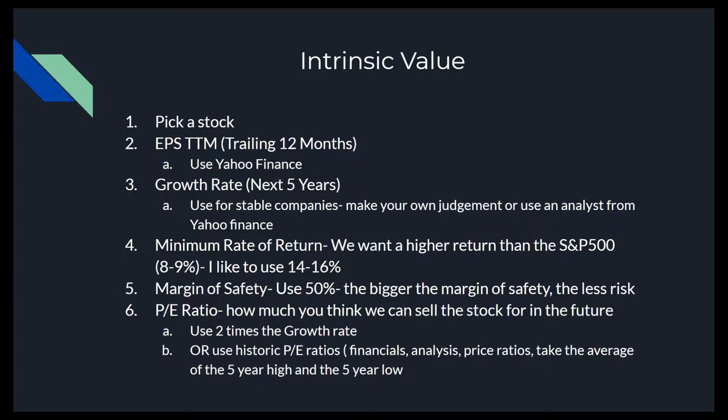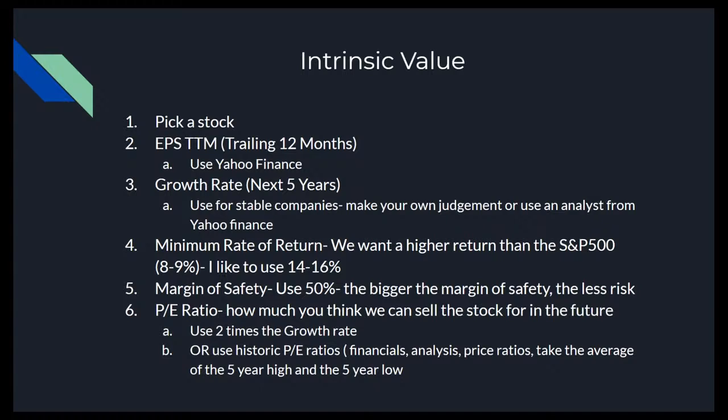You're going to use Yahoo Finance. This information is all public. You're going to find the earnings per share trailing 12 months. Then you're going to get the growth rate of the next 5 years. For stable companies, like Apple, Microsoft, Coca-Cola, you can find one, though Tesla's going to be a hard one to find. You can use your own judgment, or you can just go on the analyst tab on Yahoo Finance.